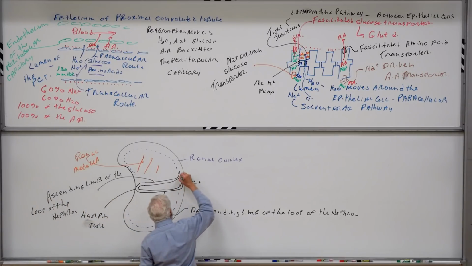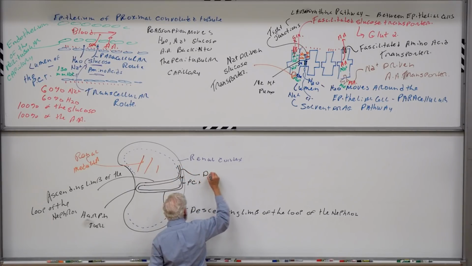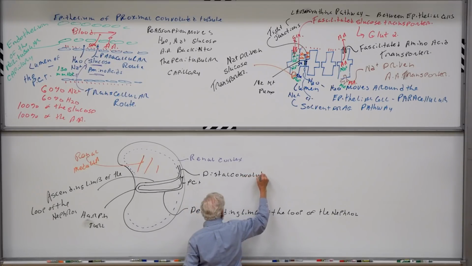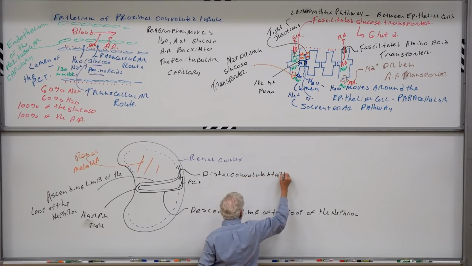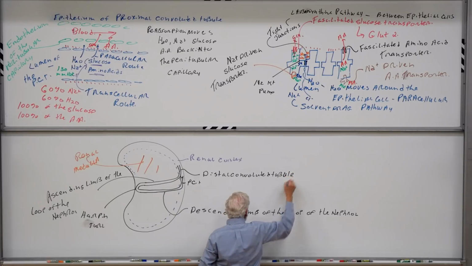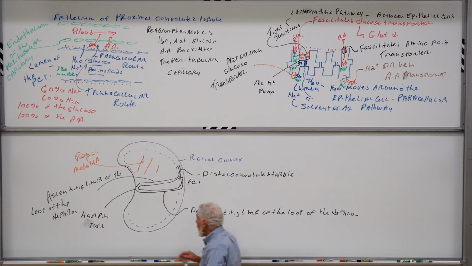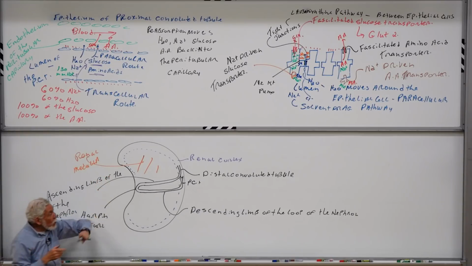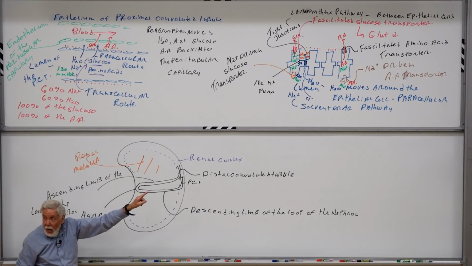The ascending limb of the loop of the nephron then empties here into the distal convoluted tubule. Now recognize what we've drawn here and how that is equivalent to the list we put on that right-hand panel.